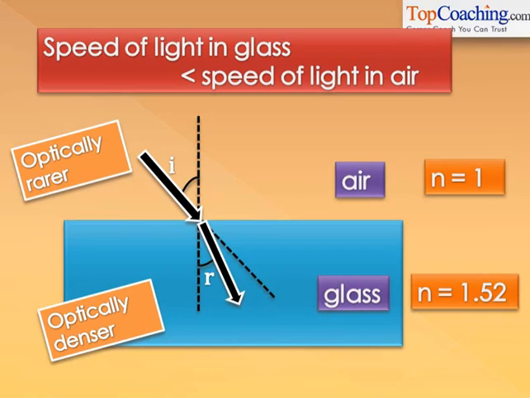Now, it is not necessary that if you say optically denser or optically rarer, that will also correspond to whether the medium is dense in reality or not. For example, in this case, yes, glass is definitely denser than air. Glass is a solid while air is a gas, isn't it? However, it is not always necessary that the real density of a body with high optical density should also be greater than the real density of a body with less optical density. For example, kerosene is less dense than water.